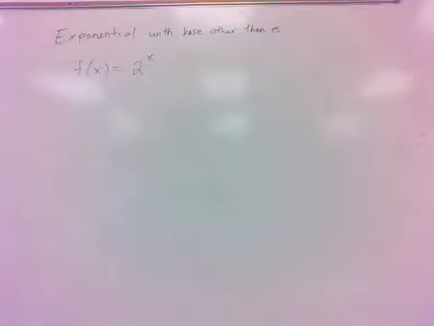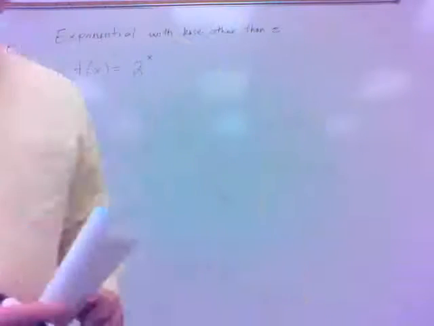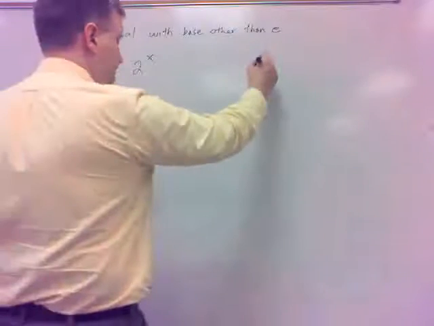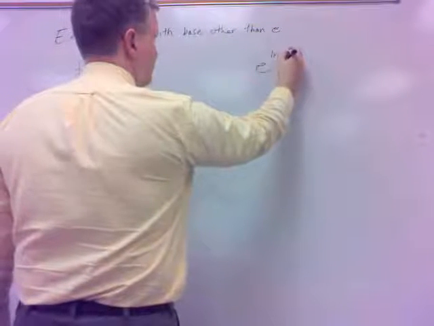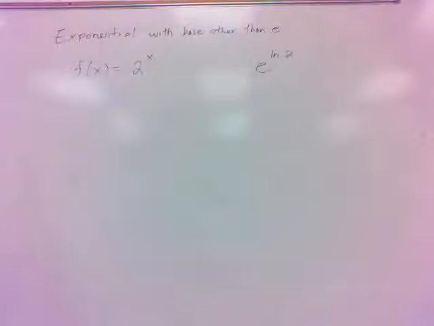Well, the little trick there is to point out this. Probably maybe have seen this somewhere along the lines before. But take a look at this. If I do e to the ln of 2, what do I get there?